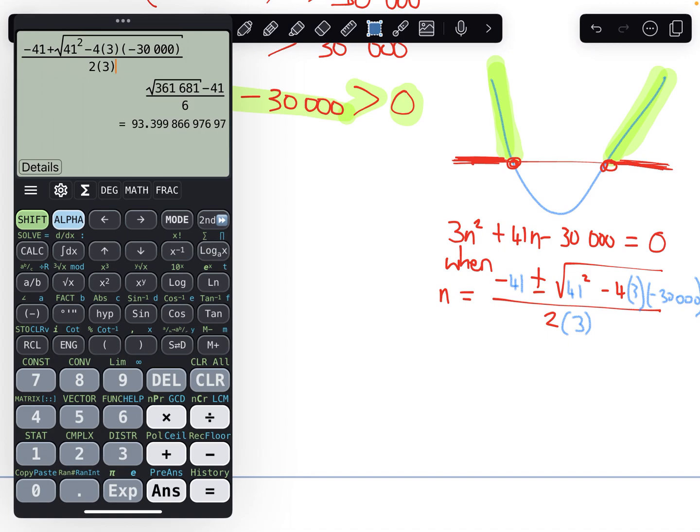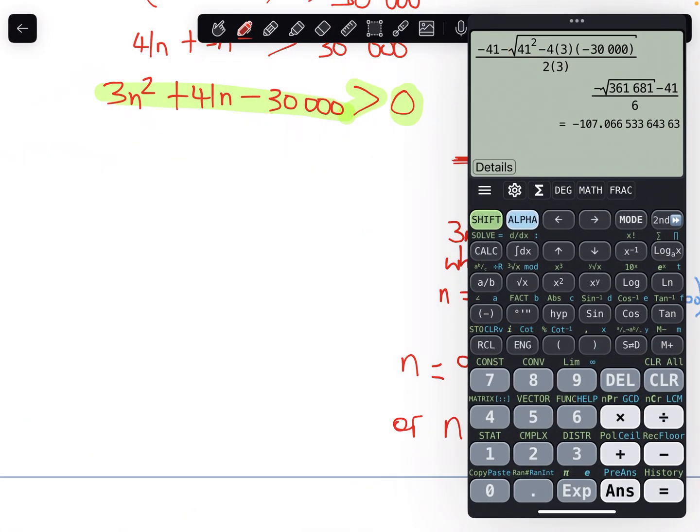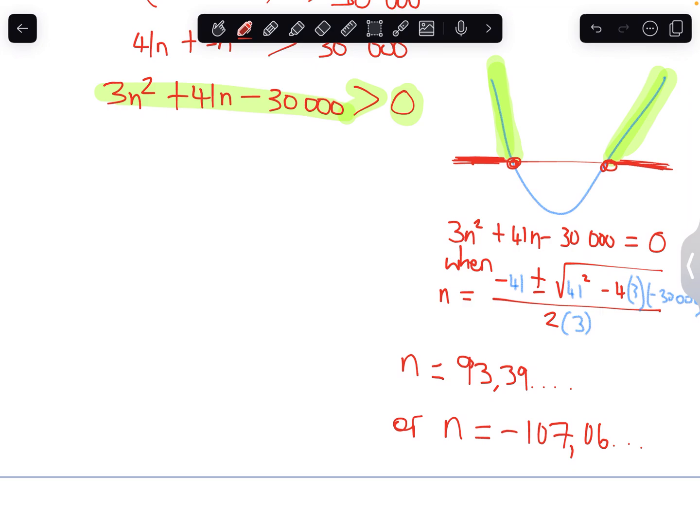Okay, so our first n is 93.39 something something. Okay, our second solution is negative, so this is negative 107 point something, and this is 93 point something.